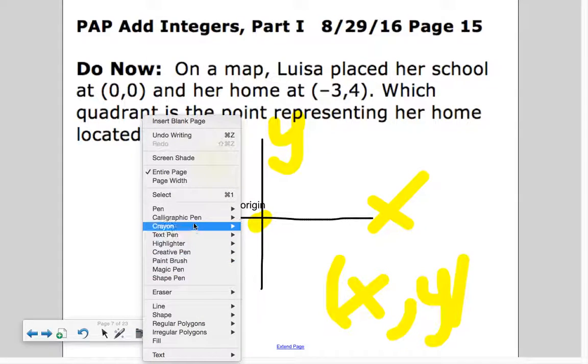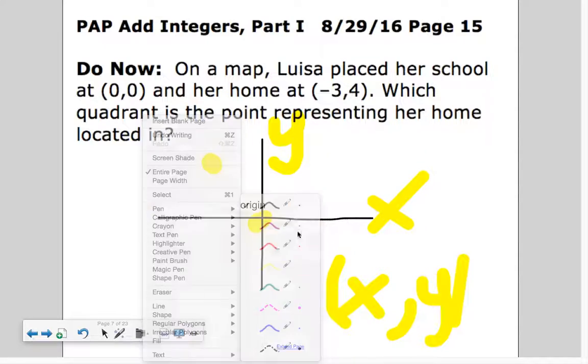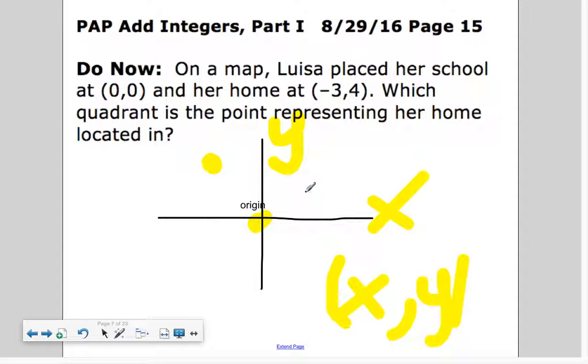Let me get out a different pen. I kind of forgot which quadrants. Well, I know this is a coordinate plane. Oh, yeah, C for coordinate, it's a quadrant. So this must be quadrant 1. This must be quadrant 2.